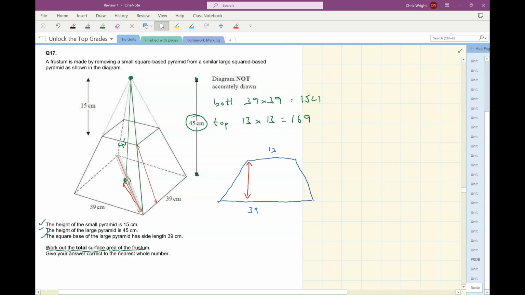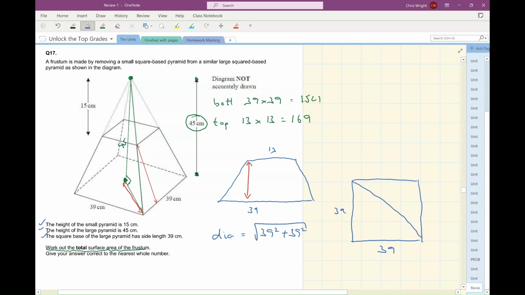Okay? So let's work out the whole of that diagonal there. Well, the whole of the diagonal there is the hypotenuse of a right-angled triangle. So the whole of the diagonal is the square root of 39 squared plus 39 squared, because that's the base there, measures 39 by 39. There's the diagonal line. Use Pythagoras.